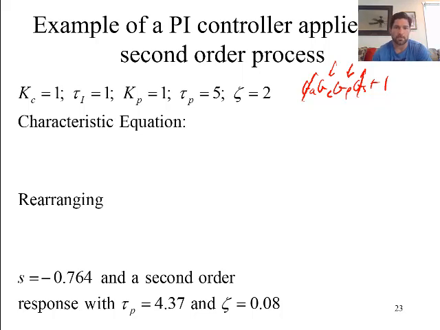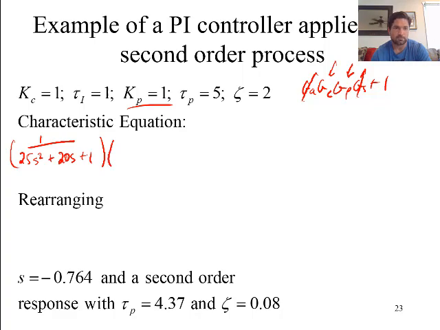The characteristic equation here, for a second order process, we have Kp, so 1 over tau p squared s squared plus 2 times zeta times tau p, which is 20, s plus 1. This is our second order process.